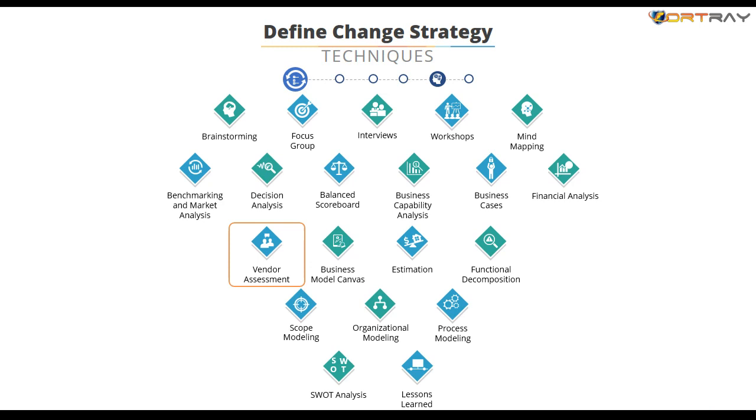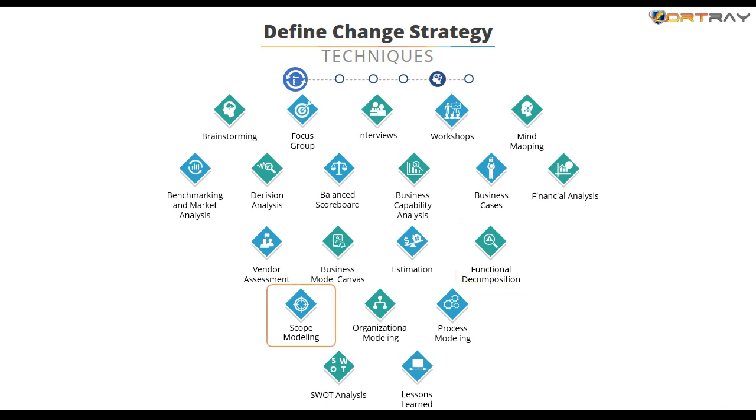The vendor assessment is used to determine whether any vendor is a part of the change strategy, a part of implementation of change, or a part of the solution. The business model canvas may be used to determine the changes needed to current infrastructure, customer base, and financial structure of the solution. Estimation is used to determine timelines for the activities within the change strategy. The functional decomposition is to break down solution components when developing a change strategy.